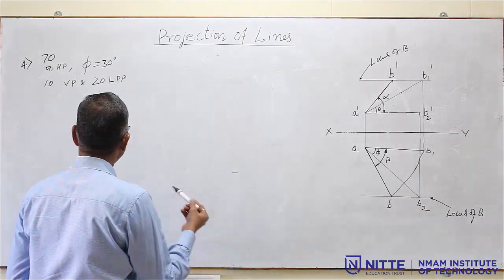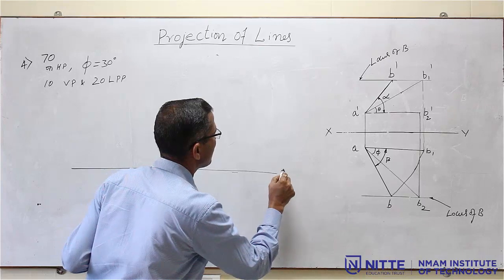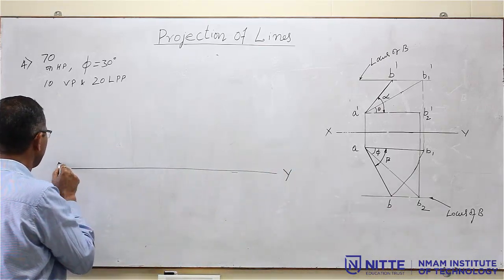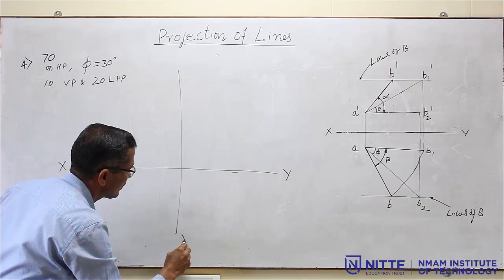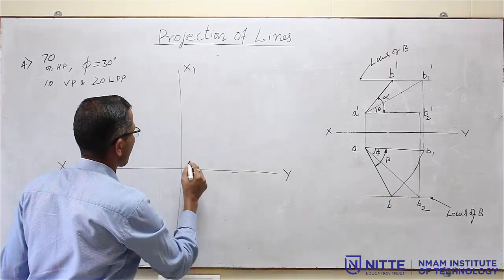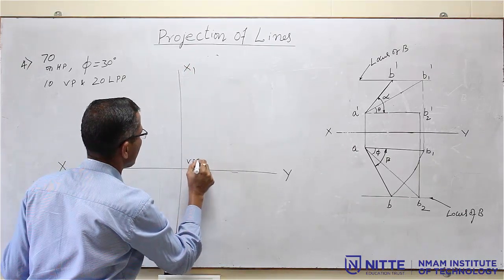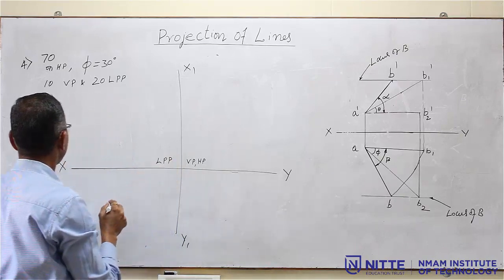So, draw the XY line and LPP, x1 y1, VP comma HP and left profile plane.